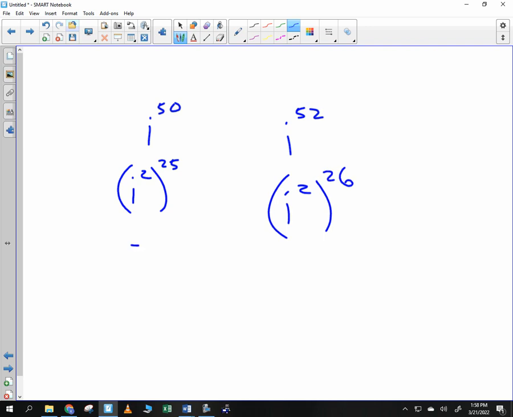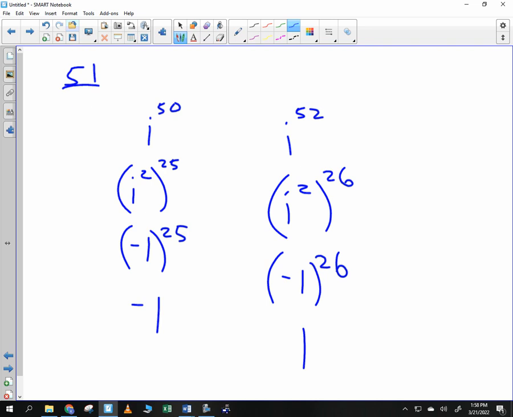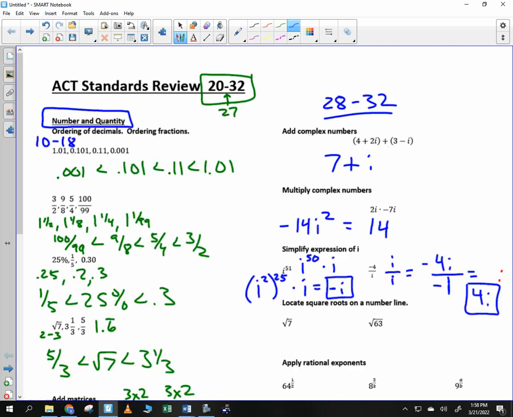In this case, negative 1 to the 25th gives you negative 1, whereas in this case, you get negative 1 to the 26th, which is positive 1. So you divide by 2 and check. Realize that we start with 51 and divide that by 2, so it's hard to give absolute rules in that situation. Very hard to give absolute rules.